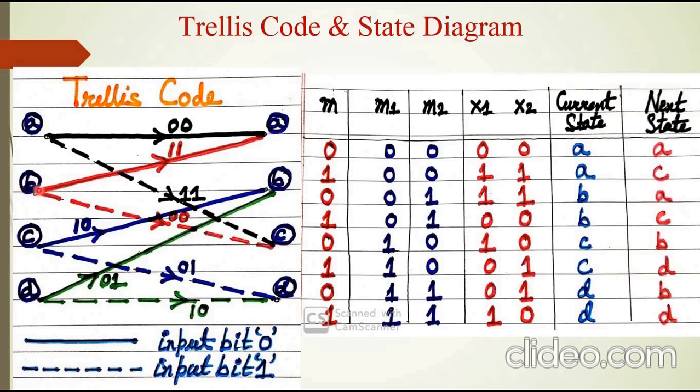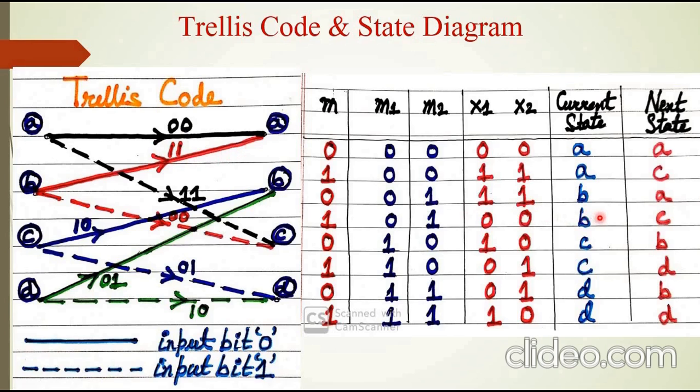Okay. Now current state is B and input is 0. Then next state will be A. So from B to A, there will be a solid line as input is 0 and output will be 1, 1. So let us make it on the line 1, 1 from B to A, which is solid line because input is 0. Okay.